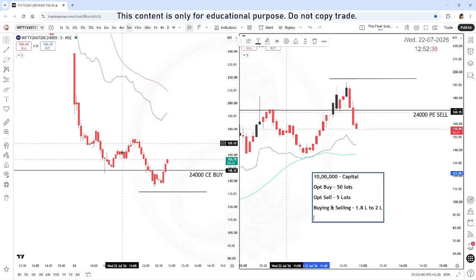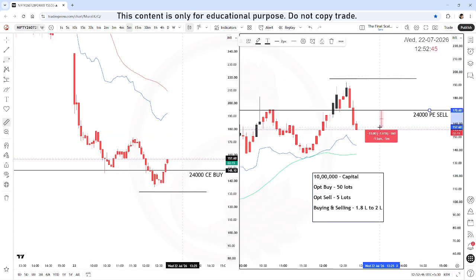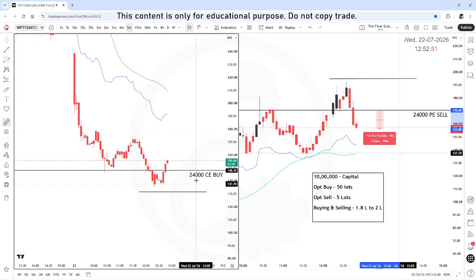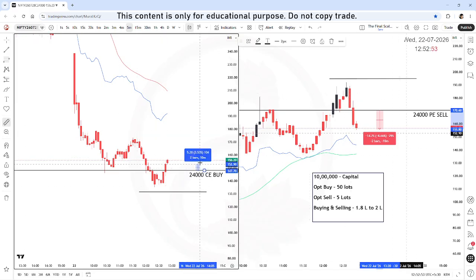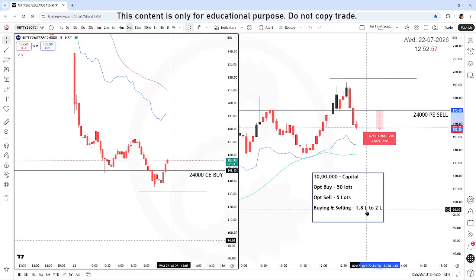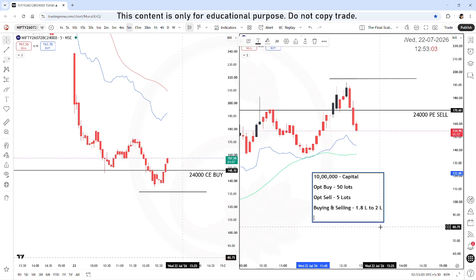So here the trade is going in our direction. As you can see, we have already captured around 14 points in the put sell and around 8 points in our call buy. So the cumulative that we have captured as of right now, the example I'm giving you is at the real current market price, right?